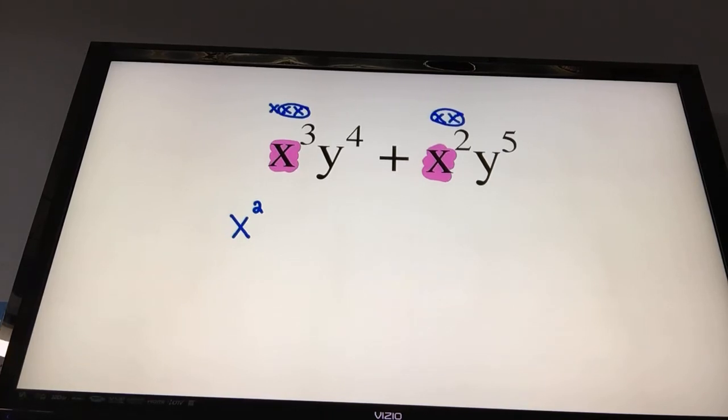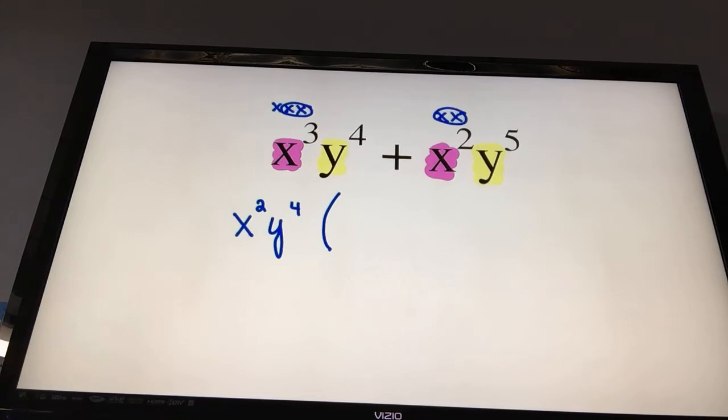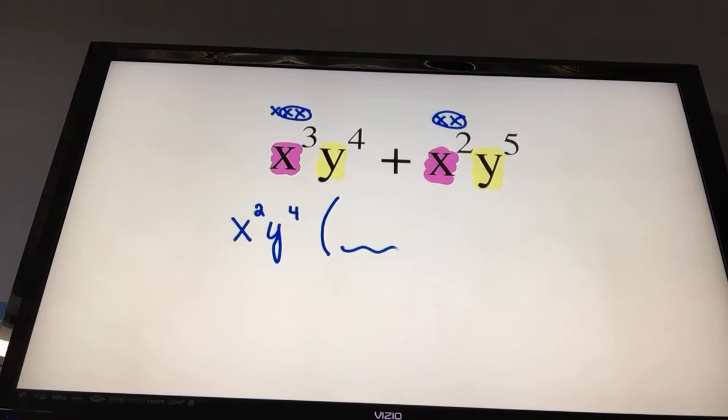So x is common, without a doubt. But we want to know to what power it is common. So y is common, how many? 4, good. If I have 4 and I have 5, 4 are common. So from the first one, what am I going to be left with right here?